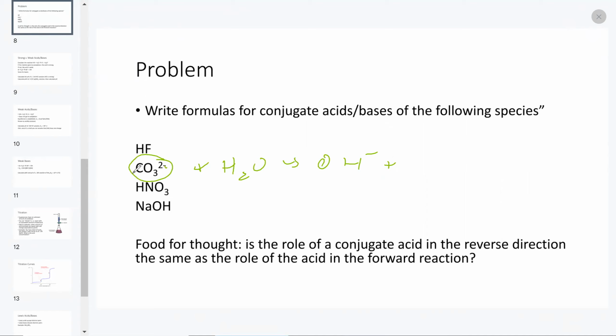So remember to balance your reaction. So this oxygen goes to here, right? So we need to keep this all the same. And then we need to add an H plus. So what's the overall charge here?